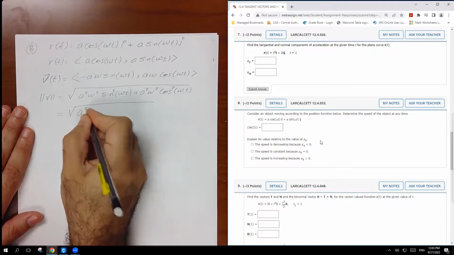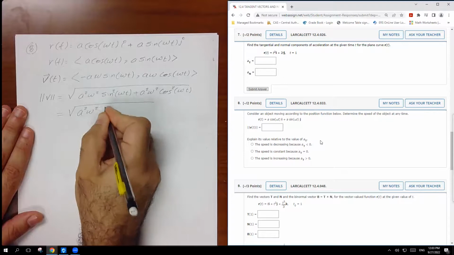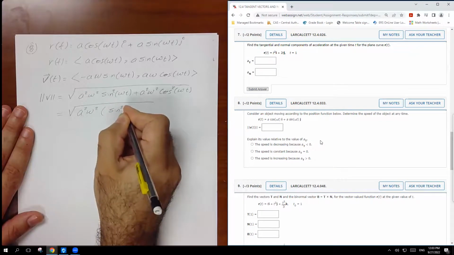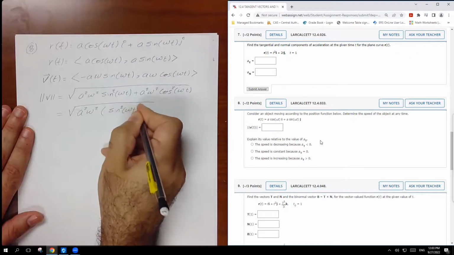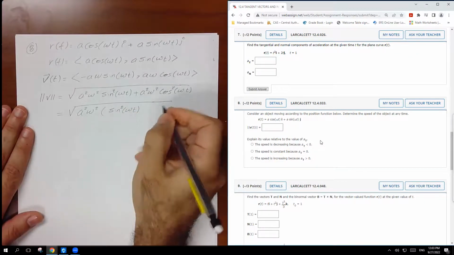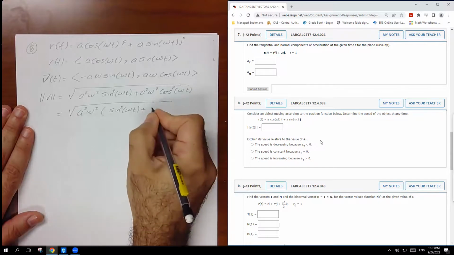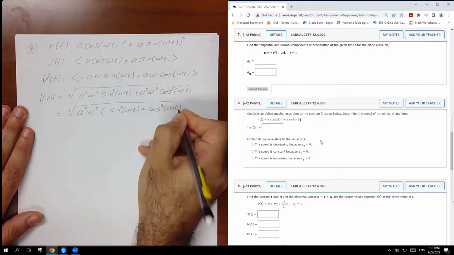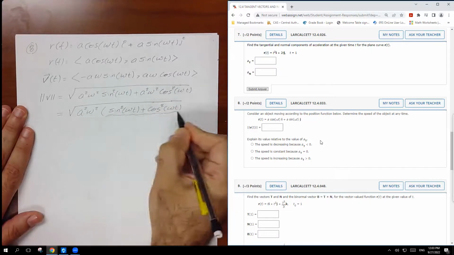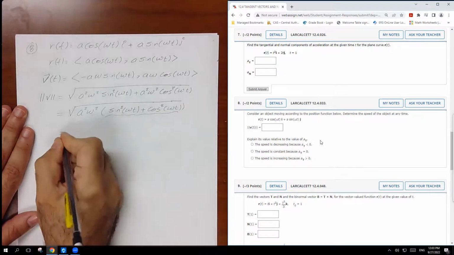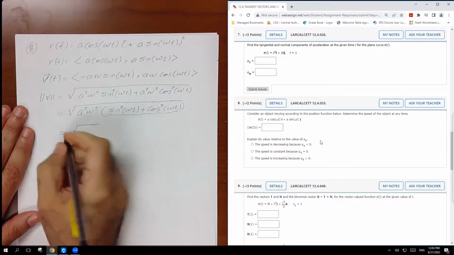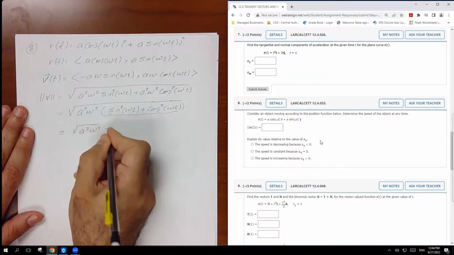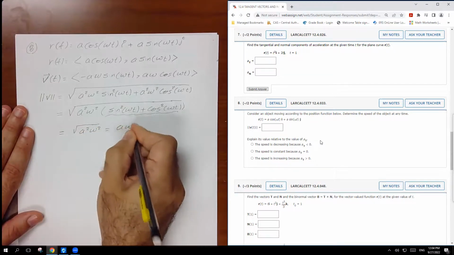So a squared omega squared, and here sine squared omega t plus cosine squared omega t. This one is 1. So that means it's the square root of a squared omega squared, which is equal to a omega.